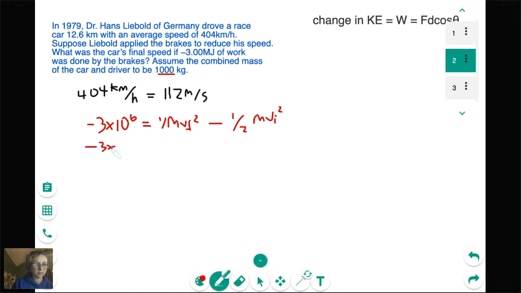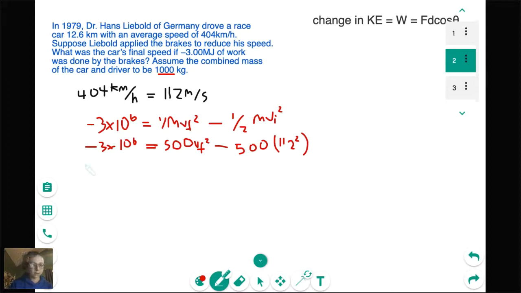So 3 times 10 to the 6th is equal to 1/2 of 1,000, which would just be 500, Vf squared, minus 500 times 112 squared. Okay, and the squared goes inside the parentheses. I'm not squaring the 500, I'm just squaring the 112.